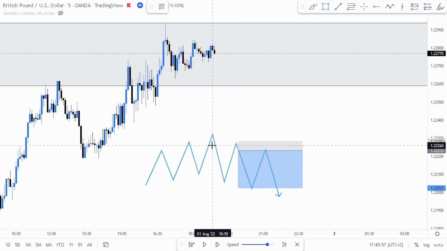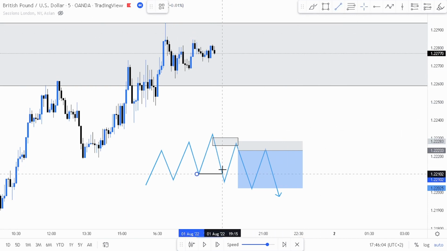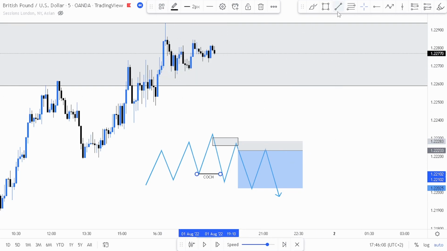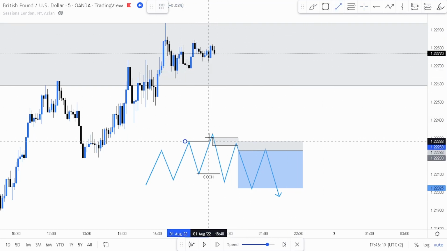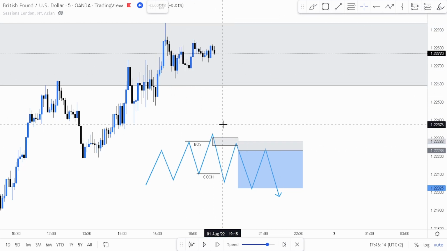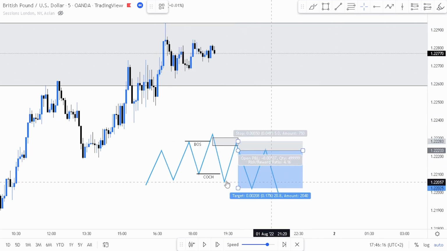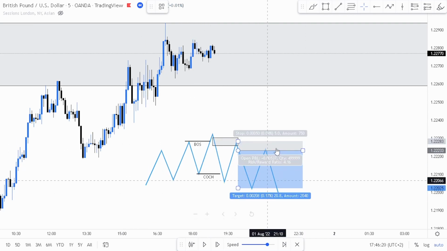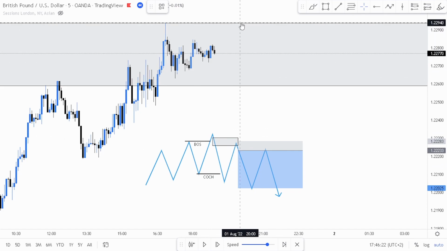Because the level of supply right over here is the level that gave us the change of character, which happened after price had shortly broken structure to the upside. Now this simply symbolizes that we are changing trend from a bullish market to a bearish market. This is what we want to see at this point of interest level.